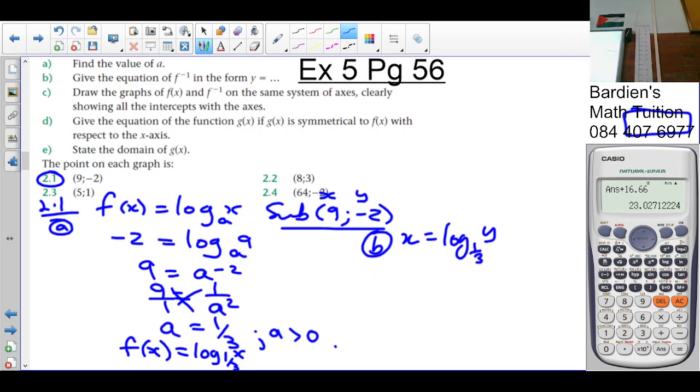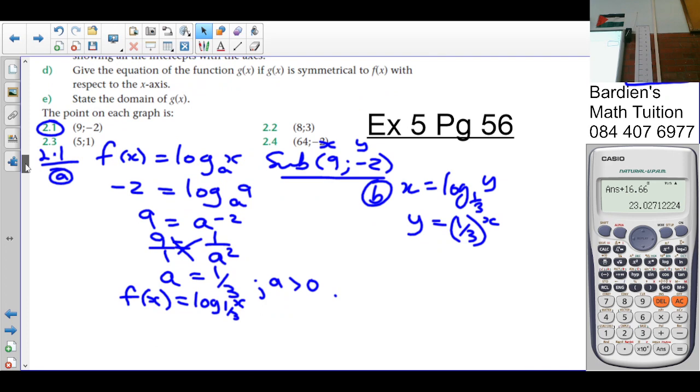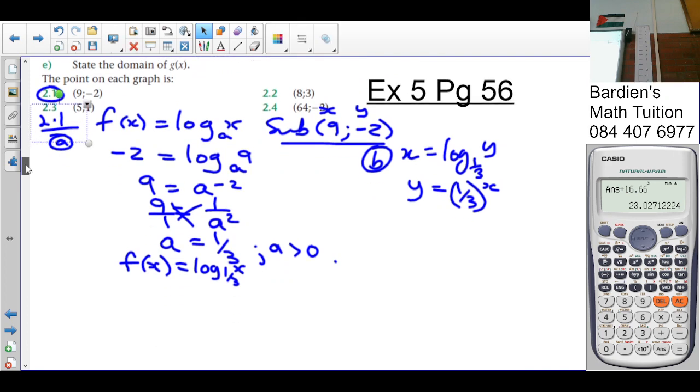So this would be written as y is equal to log x, and y is equal to a third raised to the exponent x. Okay. C. Draw the f of x and the inverse function.